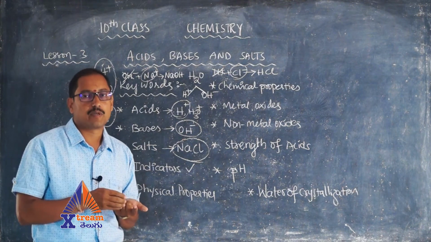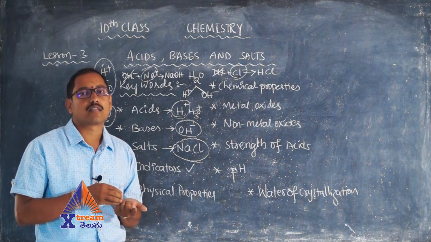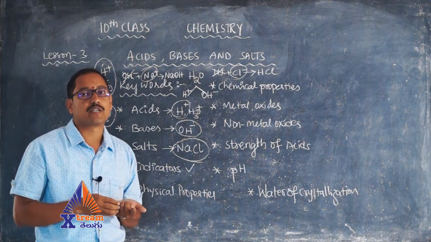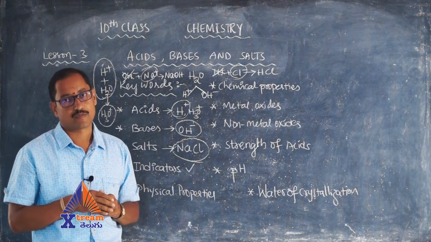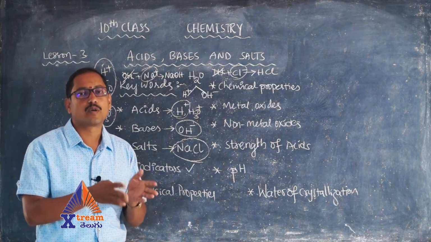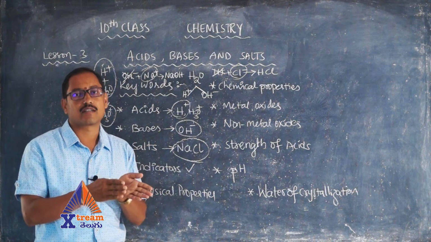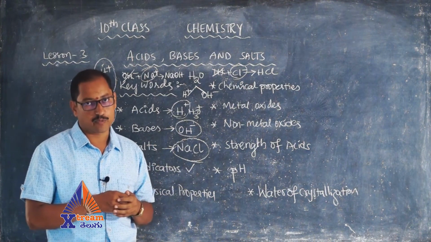So the state of the material, the color of the material, the smell of the material, all these things are called physical properties. So whenever we are studying a chemical substance, we have to look at its color, its state and its smell, etc. These come under physical properties.